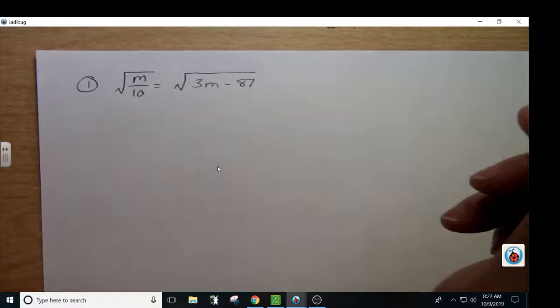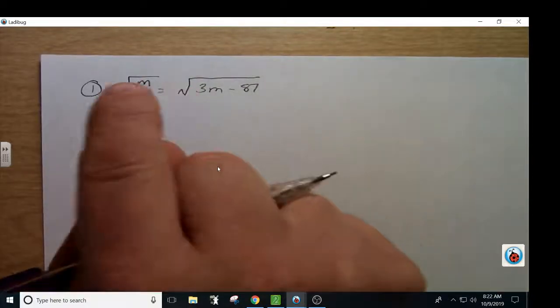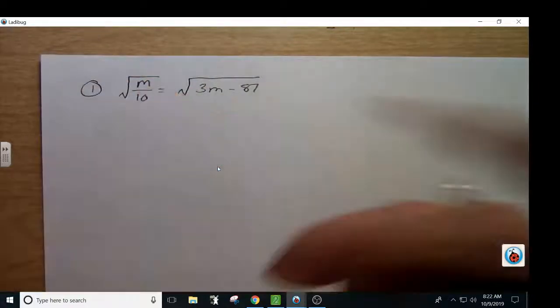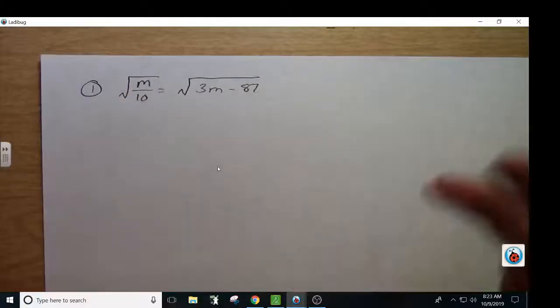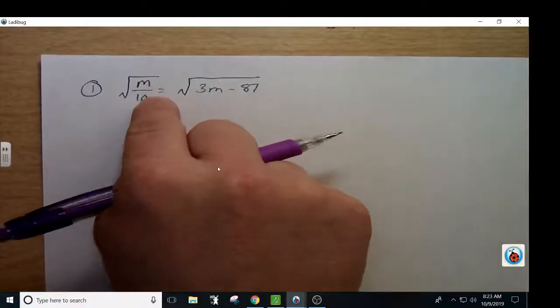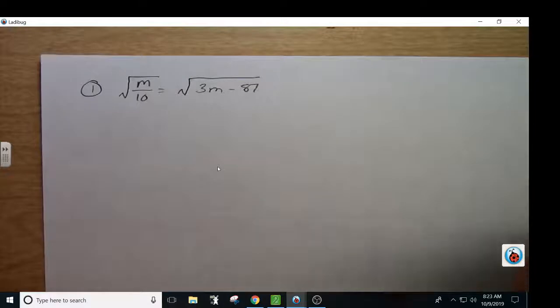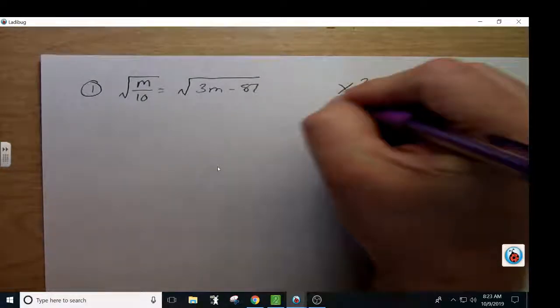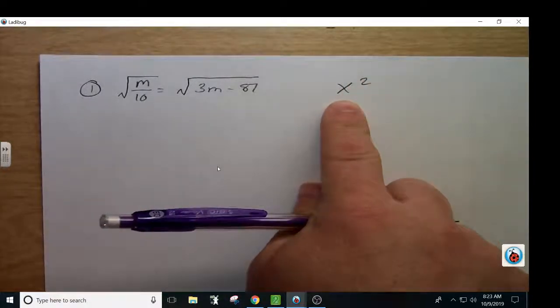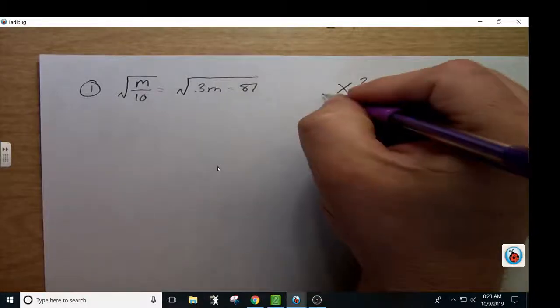All right. Now, if the square root is the inverse of being squared, what is the inverse of the square root? Okay, now think about it. How do I get rid of the square?